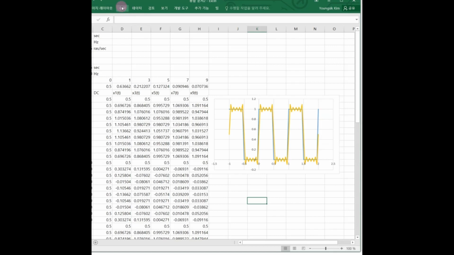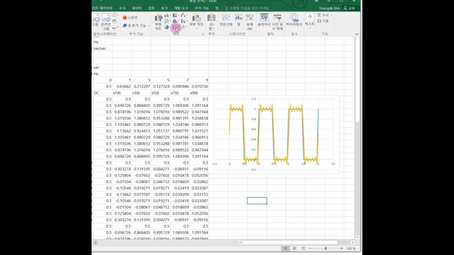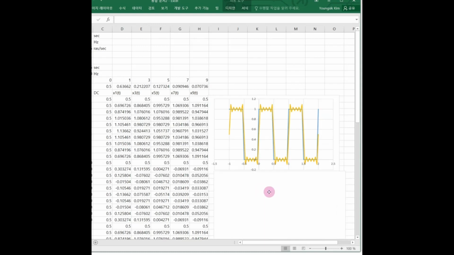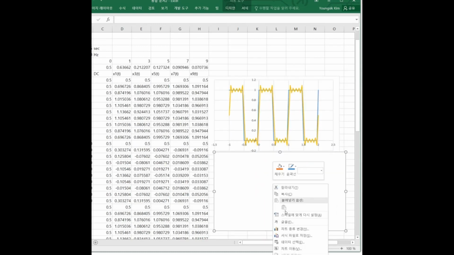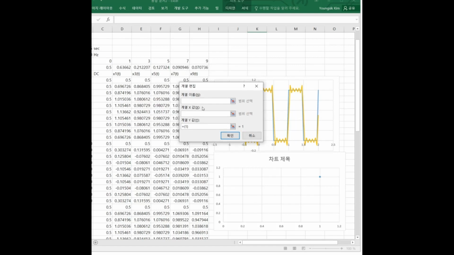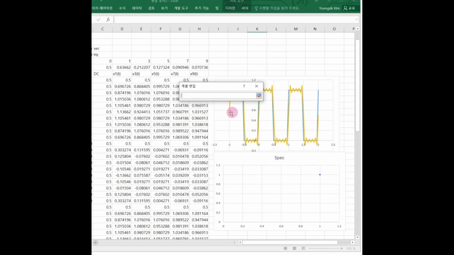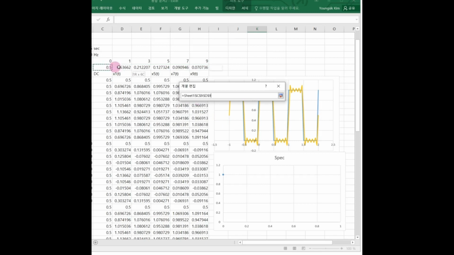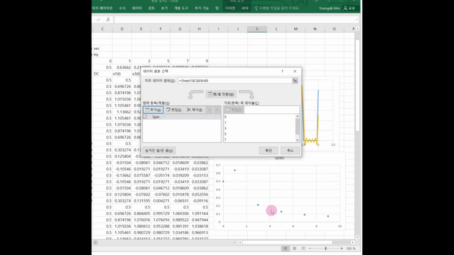To plot that one, I would like to insert a plot over here, and I would like to plot with a spectrum. We call that a spectrum. X at this moment is the harmonic frequency, and the Y value is the amount of harmonic frequency component.